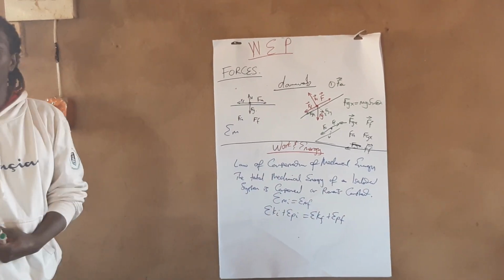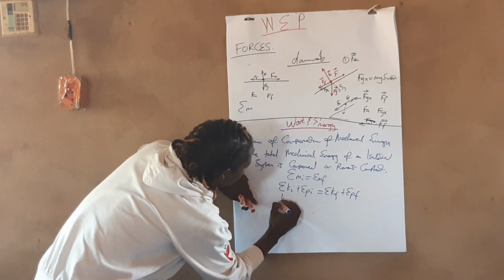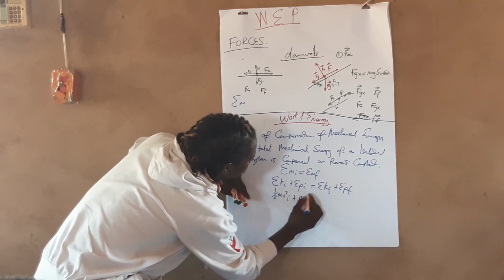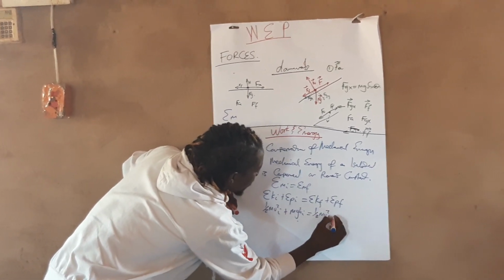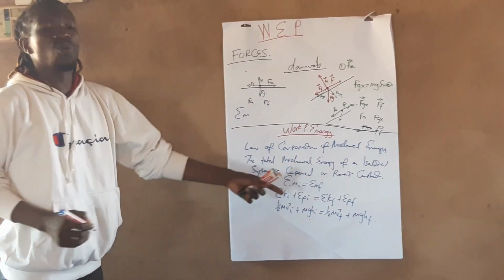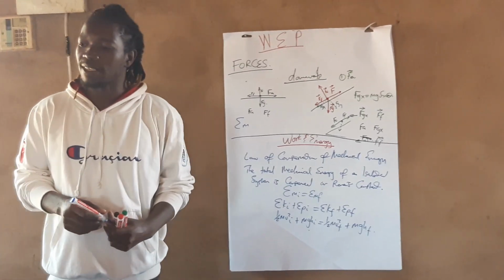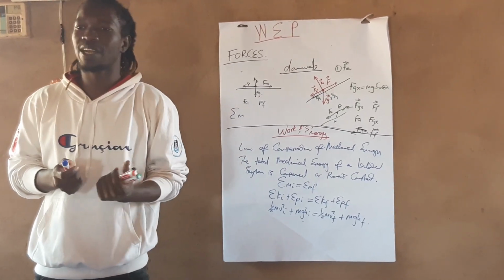But what is EK? EK is half mv squared. So this is half mv squared initial plus mgh initial is equal to half mv squared final plus mgh final. So where was this working? This formula was working when we were having only gravitational force acting on an object.